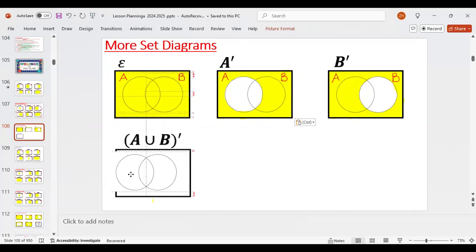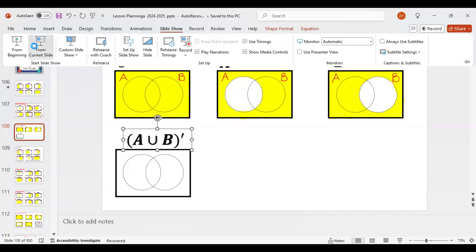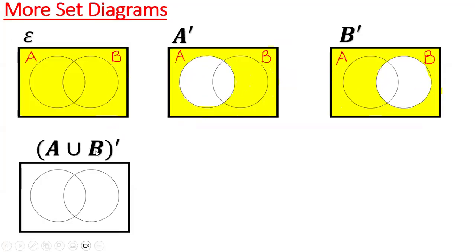Someone say it. A union B complement. The complement of A union B. Anyone else? How do we pronounce this? A union B complement. The complement of A union B.